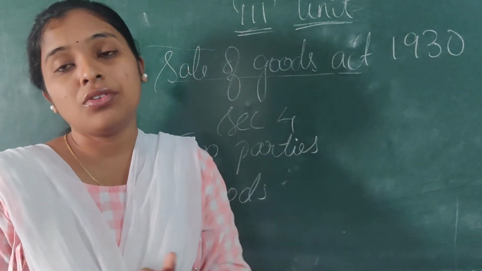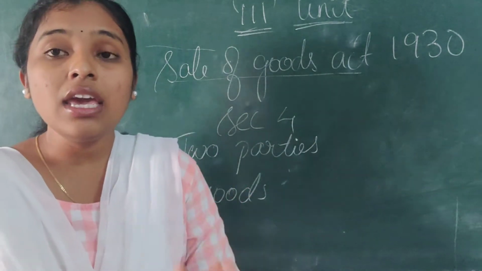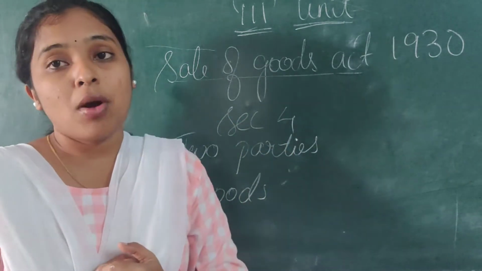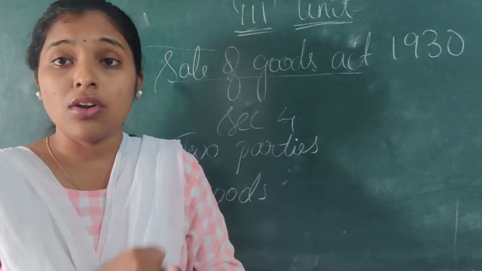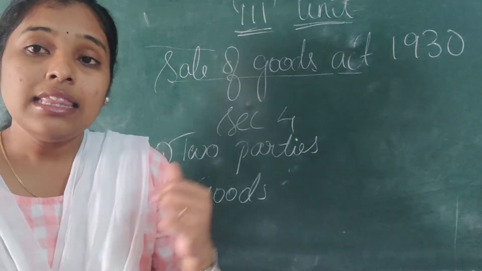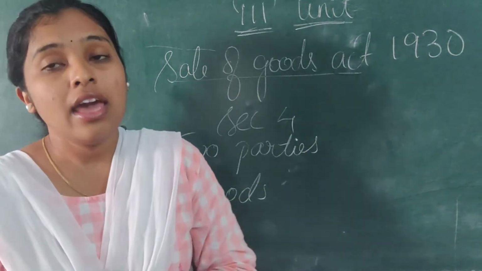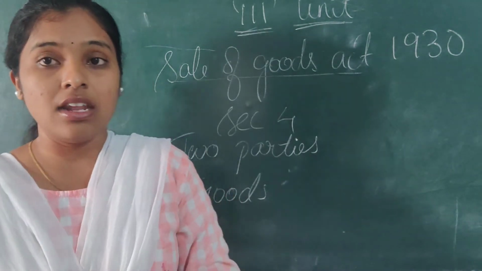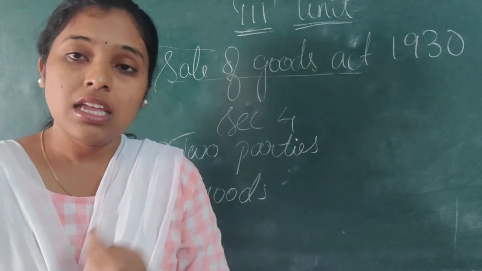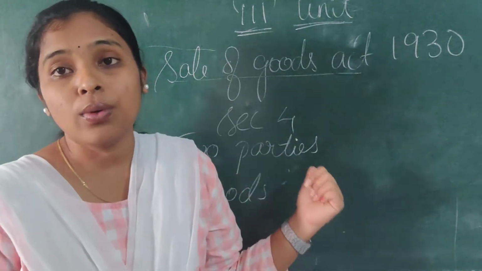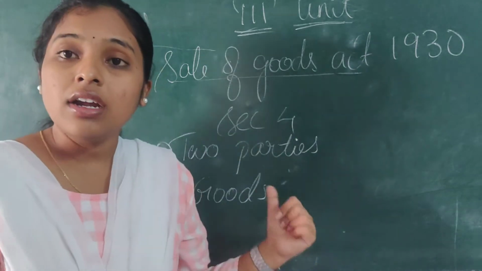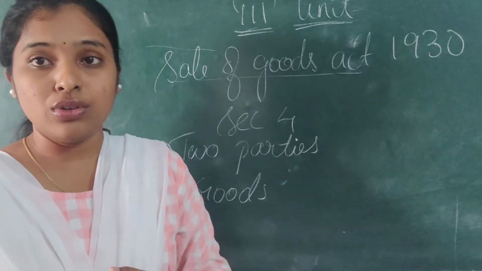Only movable goods will be acceptable. Immovable properties and immovable goods are not allowed in the Sale of Goods Act. This is the second essential element for a valid sale. The first one is two parties, buyer and seller. And the next one is that for any transaction between them, we require goods, movable goods only.